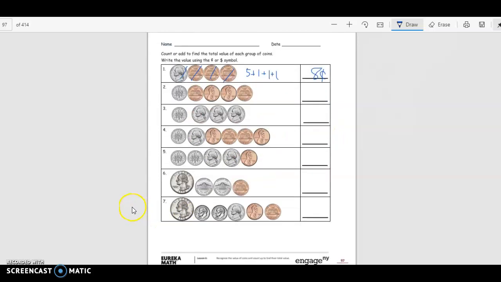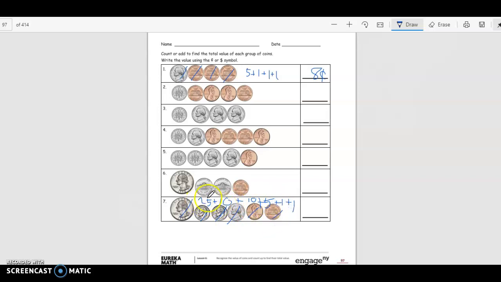Alright, I'll skip down to a tougher one like number 7. So this is a quarter. The big one is worth 25 cents. So we have 25 plus what a dime is worth, 10, plus another dime, plus a nickel, plus a penny, plus another penny.